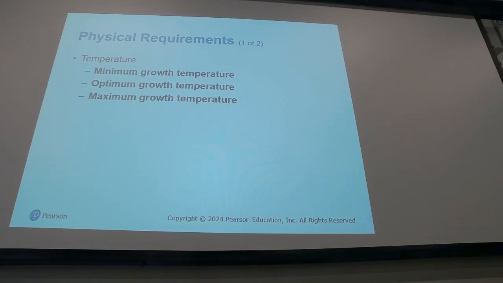And the highest temperature that the microorganism tolerates and can still grow will be the maximum growth temperature. And no matter what classification of microbes you have, it always will have these: the minimum growth temperature, the optimum growth, and the maximum growth.